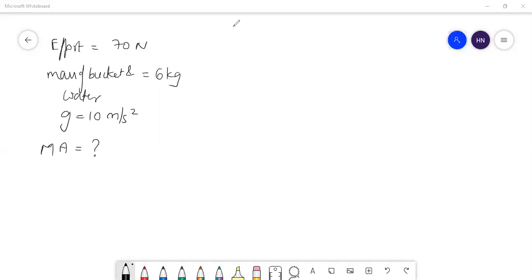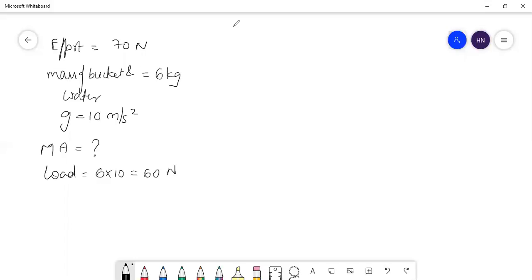Yes, Gargi, tell. So the mass of the bucket is 6 kg, which means the load will be 60 Newton because weight is mg, so 6 into 10, 60 Newton. And then the effort they have given is 70 Newton.